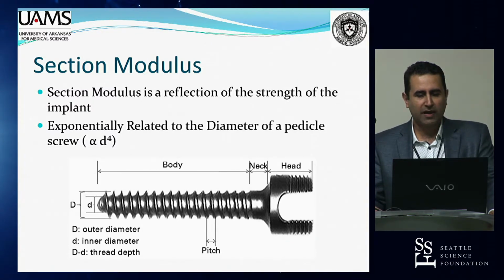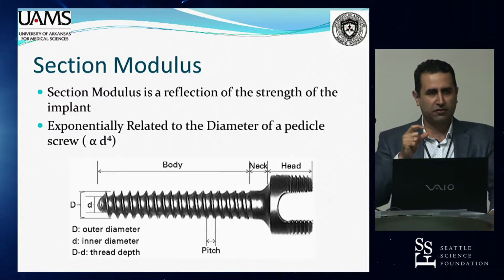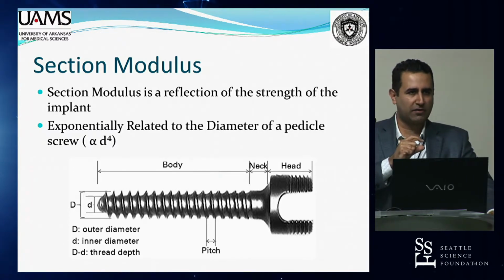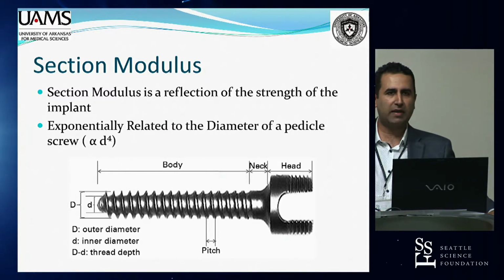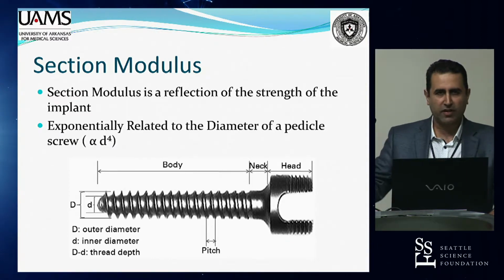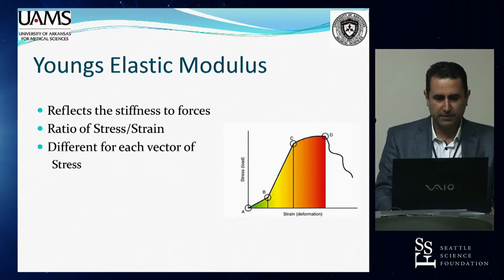We'll talk about the different aspects of the screw itself and the pull-out strength and the ultimate strength. But I wanted you to understand that we can literally measure the strength of an implant that we put in, for example, a screw, by this metric.